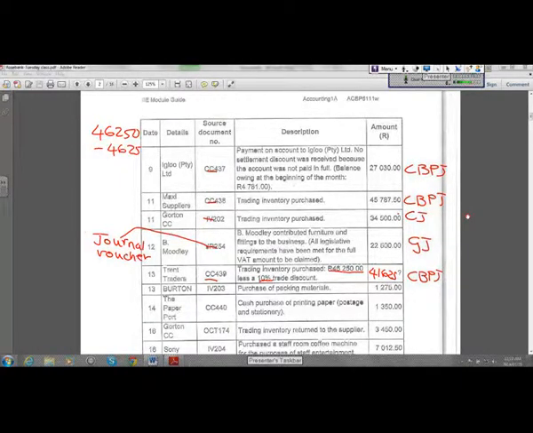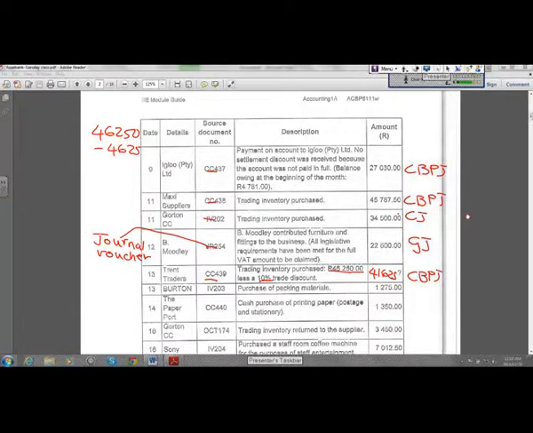Remember, here we are dealing with subsidiary journals, so we want to know in what book we are going to record it. There is a section that we dealt with in the first workshop on the accounting equation. The accounting equation says assets equals equity plus liability.